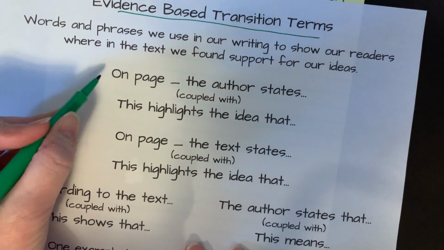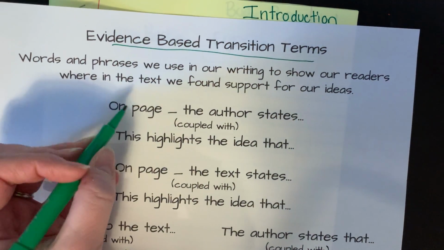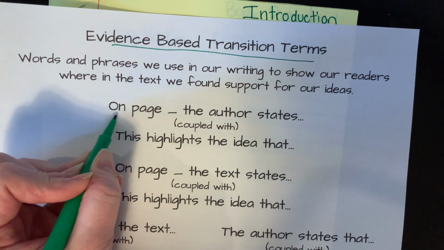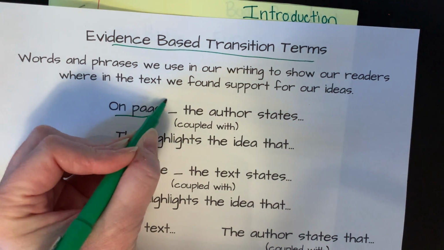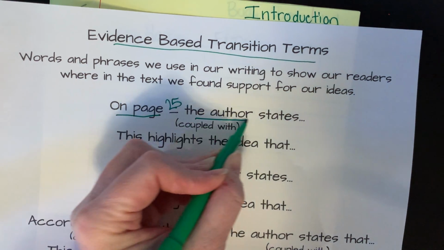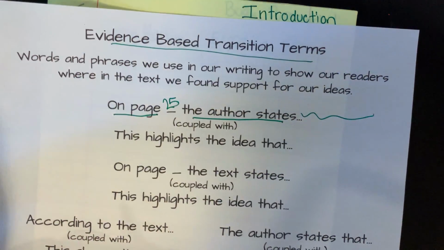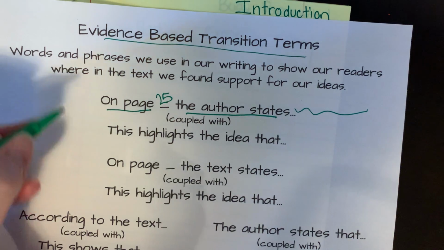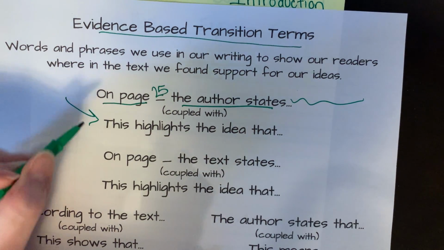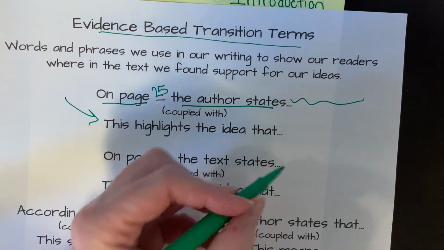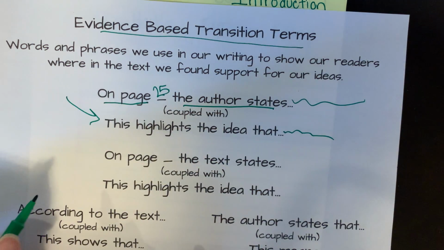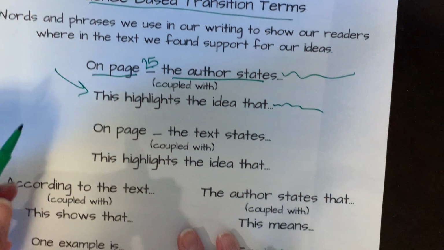Here's an example of one evidence-based transition term. We might write something like, on page 25. On page 25, the author states, blah, blah, blah, right? And then to elaborate, I would say, this highlights the idea that blah, blah, blah. Here's a different one.